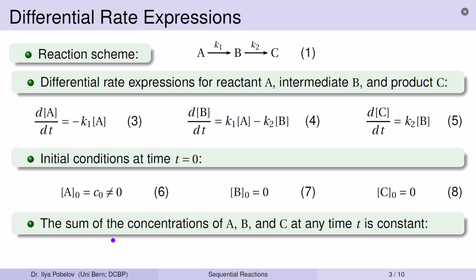Furthermore, we take into account that the sum of the concentrations of A, B and C at any time t is constant and equal to the initial concentration of the reactant A. With the established initial conditions, we can derive the expressions for the concentrations of A, B, and C over time for our sequential reaction.